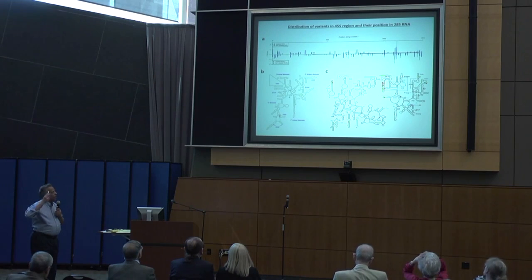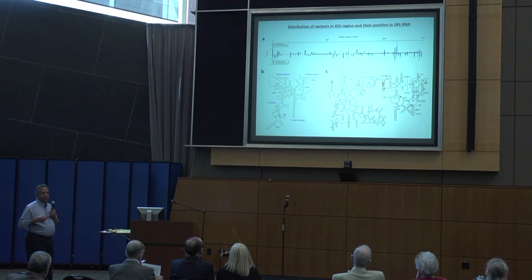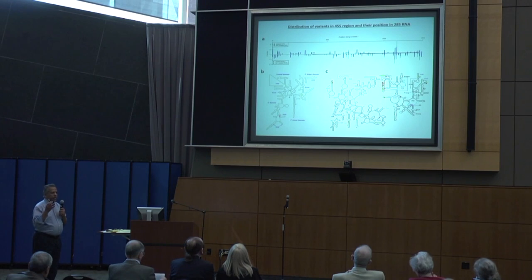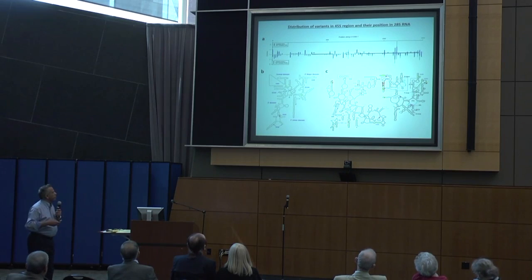There is a core structure that is maintained through evolution everywhere, and most of the mutations fall outside of the core structure, in the expansion segments. So this suggests that the mutations are concentrated on the expansion segments, which gives the chance during evolution to accrete new functions.